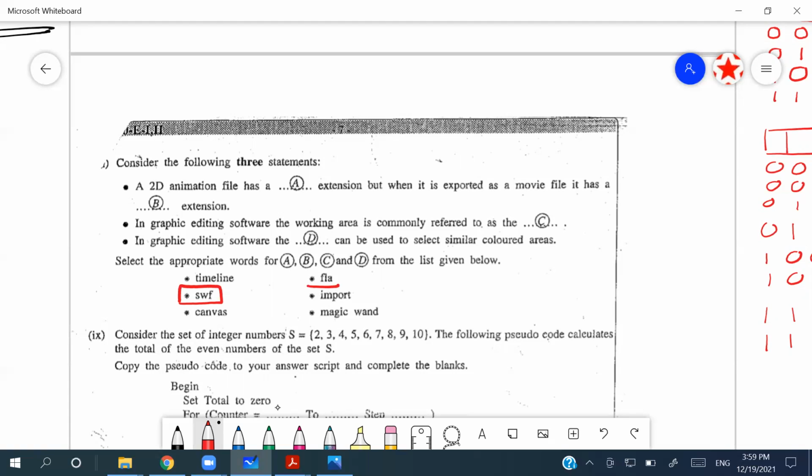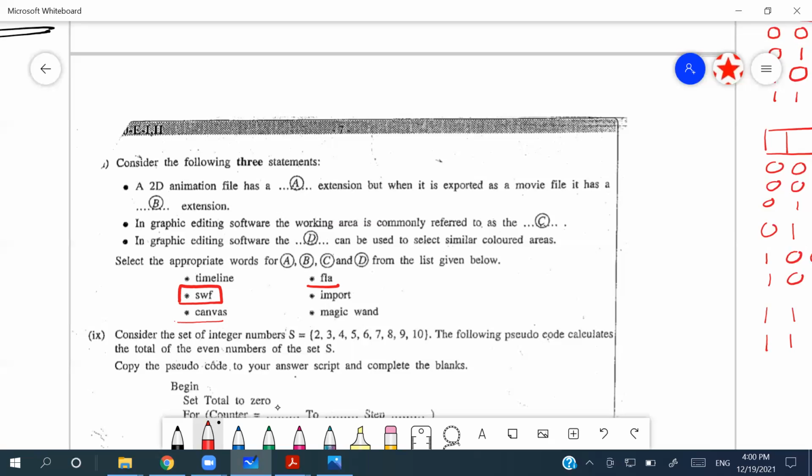In the second one, in graphic editing software, the working area is commonly referred to as the what? The working area is commonly referred to as the canvas, right? Right.